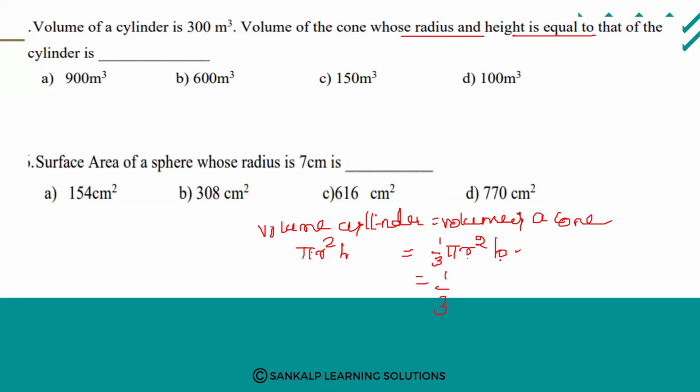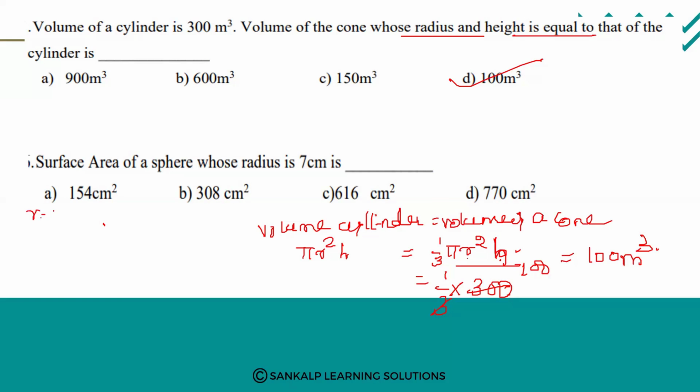That means the cylinder's volume is pi r square h, and here also it is pi r square h. They have given 300, so 1 by 3 of 300 is 100 meter cube. So which option is right? Option D is right.